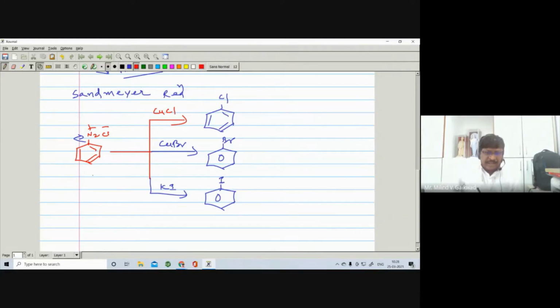Another example you can take: on the benzene there is a methyl group, so we can write a methyl group here. This is the next example.